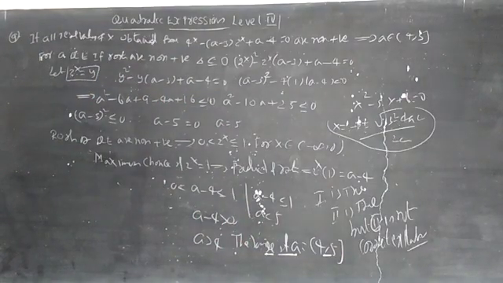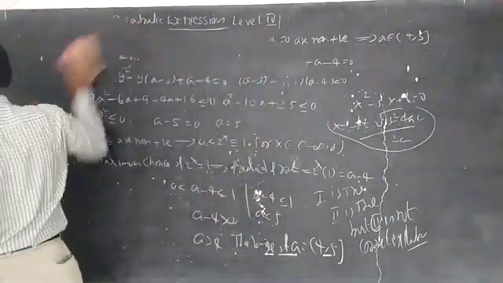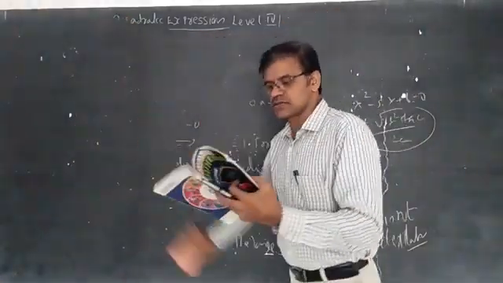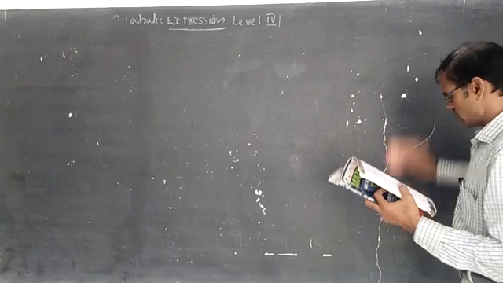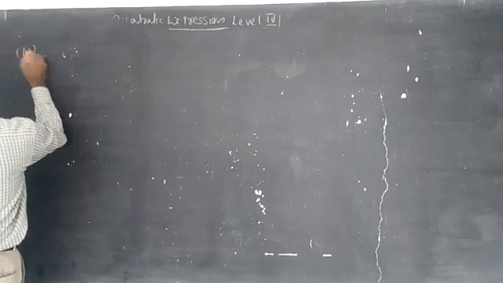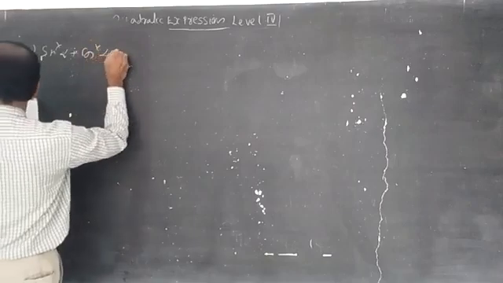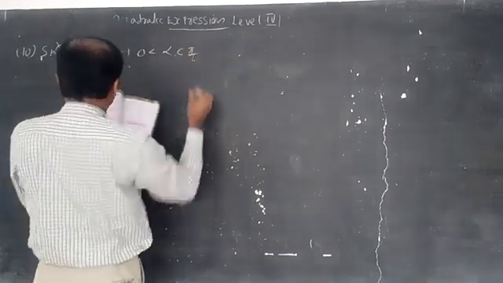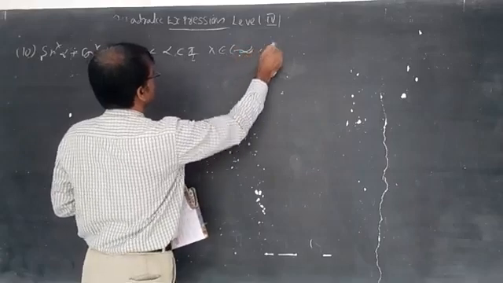Now let us discuss the 10th question. Statement 1: sin power x of alpha plus cos power x of alpha is greater than or equal to 1 if 0 less than alpha less than pi by 2, then x belongs to minus infinity comma 2.